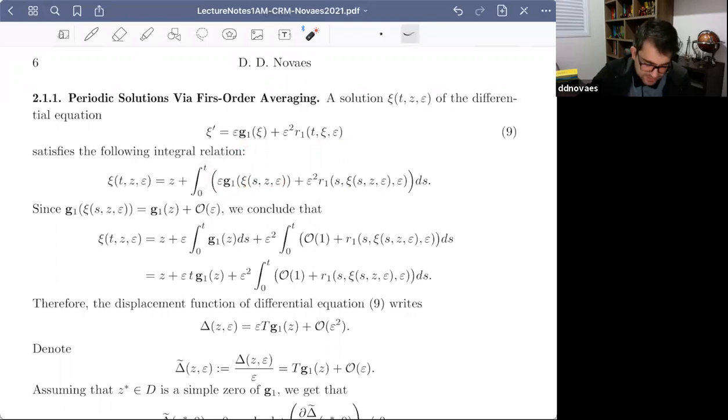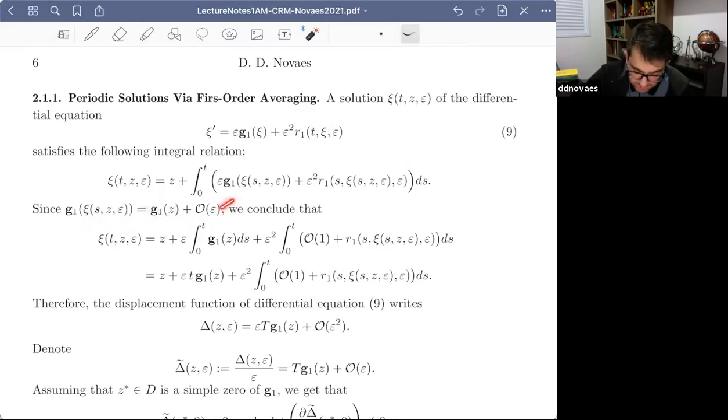Using that, g1 composite evaluated at the solution is equal to g1 of z plus order epsilon. This is again a Taylor expansion of this function around epsilon equals 0.